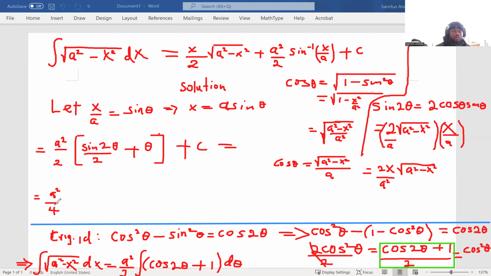Then this will come in as 2x over a squared, then square root of a squared minus x squared.